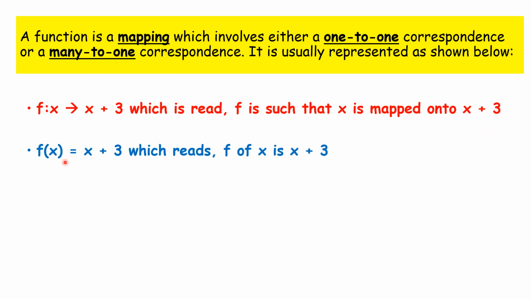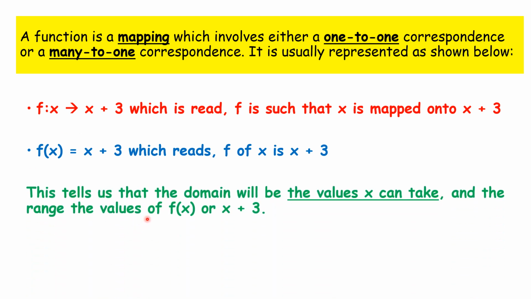Or we can have f of x equals x plus 3, which reads f of x is x plus 3. This tells us that the domain will be the values x can take, and the range is the values of f of x, or x plus 3.